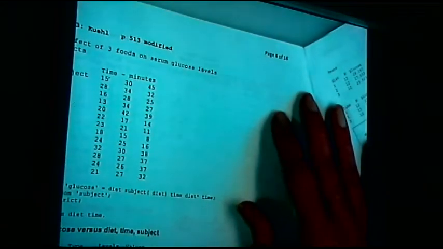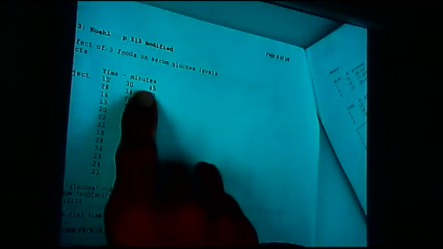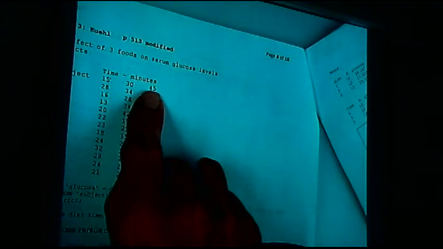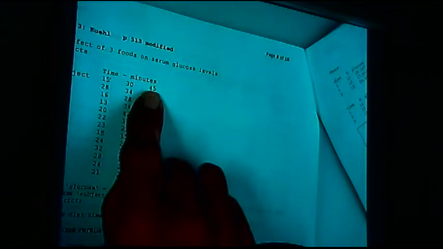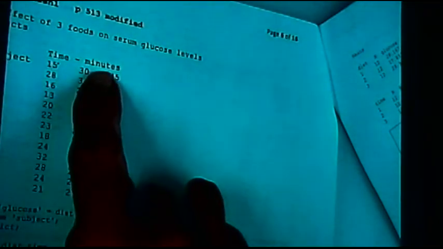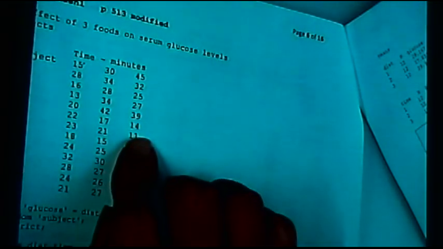On page 6, here's an example where one of the factors is the diet, the second factor is the time at which the measurement was taken. And so there's two factors, and we have repeated measurements on these subjects.